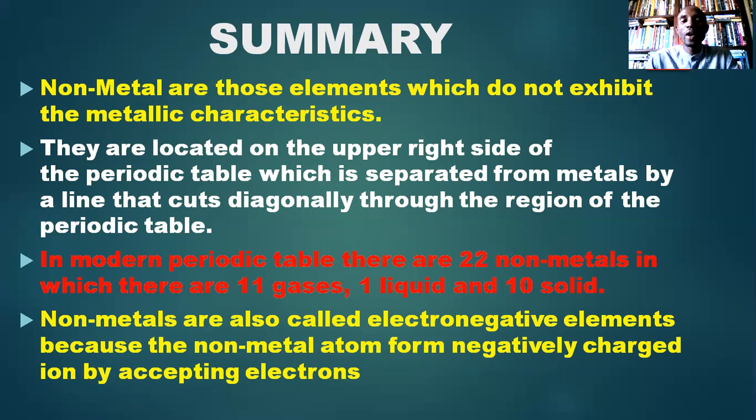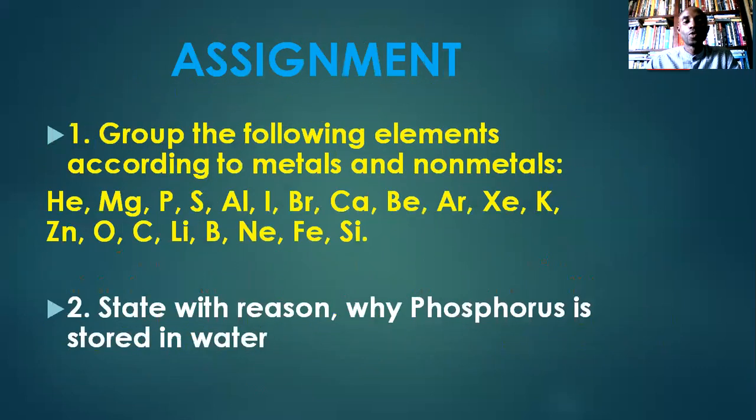Of course, we know that. So this is what we have done so far, and the physical and chemical properties of these non-metals were also discussed. All right, you are going to take this as your assignment: group the following elements according to metals and non-metals. Of course, that diagonal line enables you to differentiate the metals from non-metals. What are they?